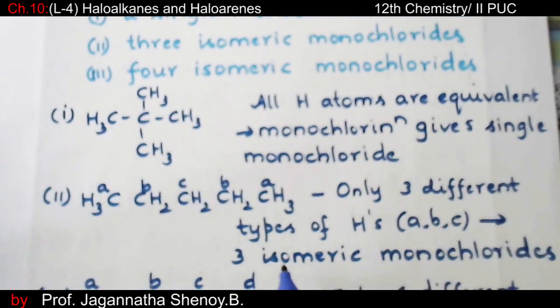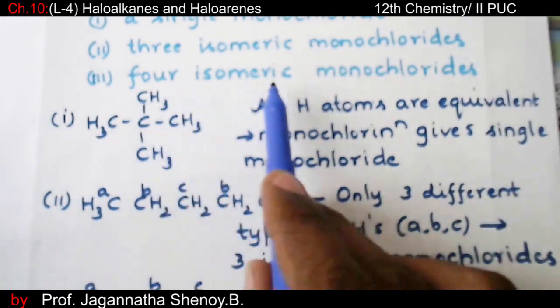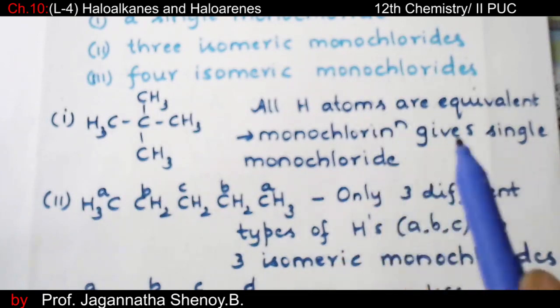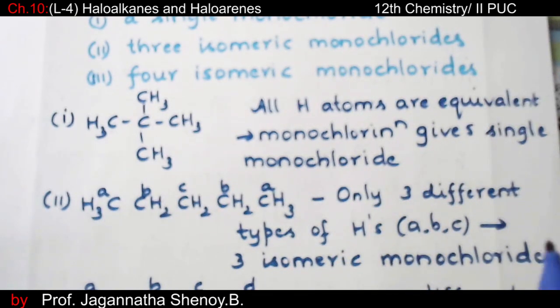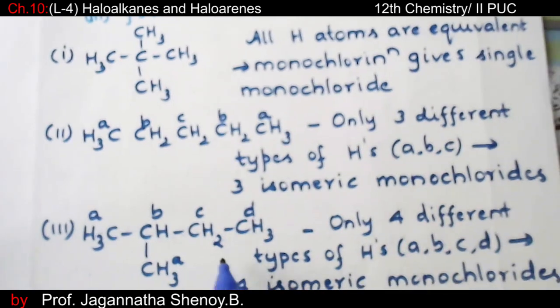Correspondingly, we'll have three isomeric monochlorides. Then the next one, I have to get four isomeric monochlorides. That means there must be four different hydrogen atoms. For that, I'll consider the example of isopentane.